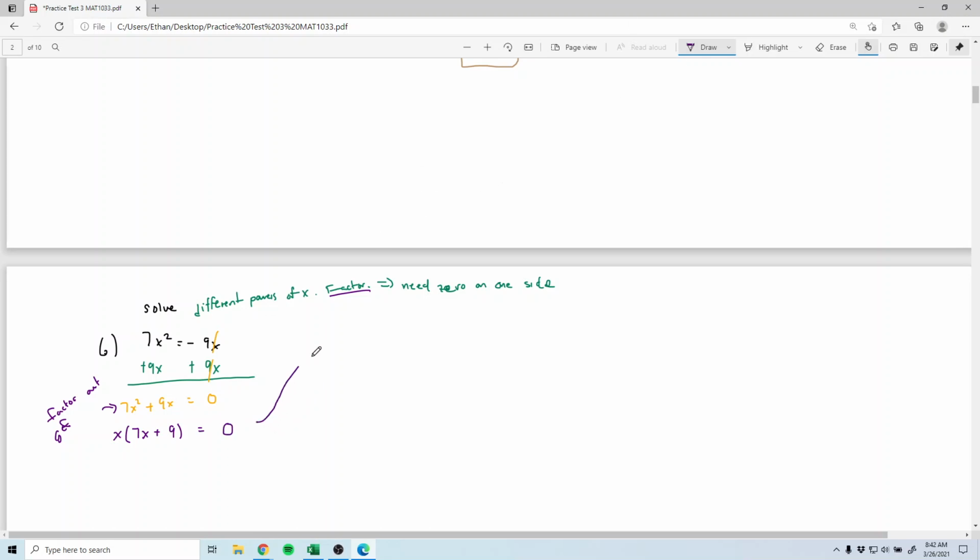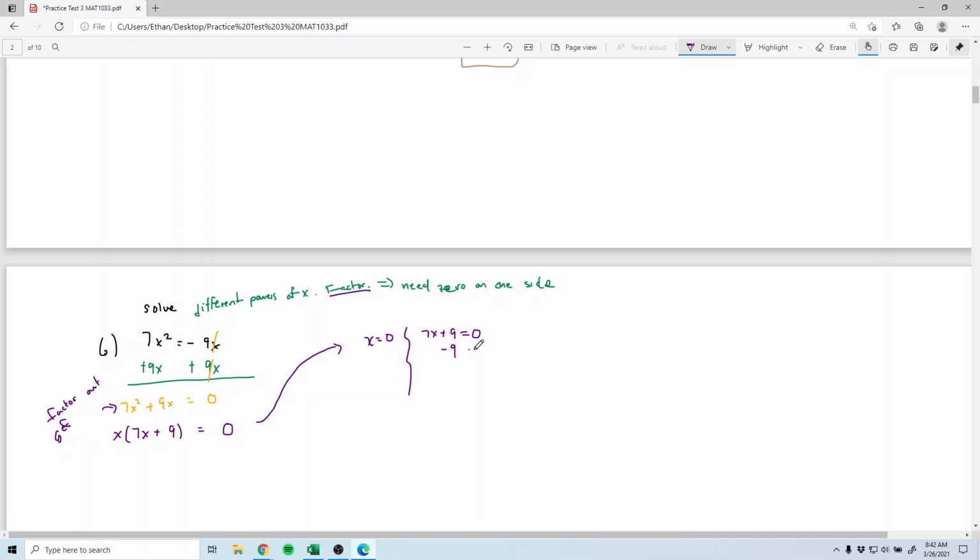Now, once again, the easiest thing to forget when you factor out the greatest common factor is to forget about the x that's not in parentheses, but we cannot forget about this x. We've got to set the x in front equal to 0, and then the thing inside, 7x plus 9, equal to 0 as well. Luckily for us, this one's already factored because x equals 0. Now 7x plus 9 equals 0.